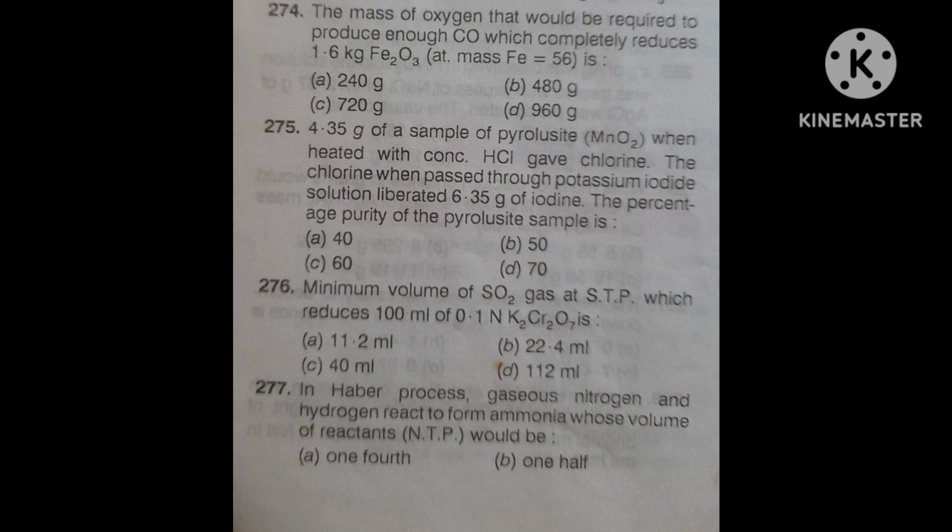Again, one more time I am reading the question. 4.35 gram of sample of pyrolusite, means MnO2, when heated with conc HCl gave chlorine. The chlorine when passed through potassium iodide solution liberated 6.35 gram of iodine.